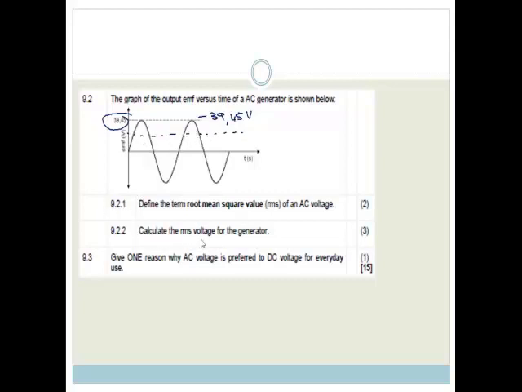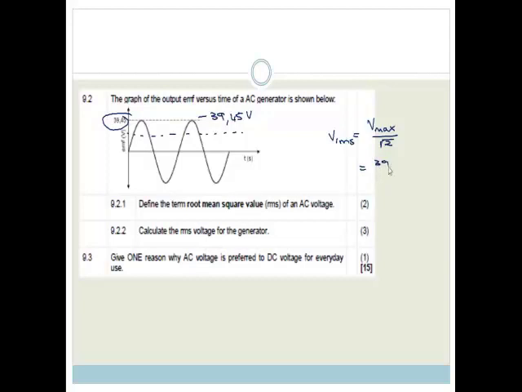Now it says calculate the root mean square voltage of the generator. Well, if you go look on your equations sheet, you will see that there's an equation that says V root mean square is equal to V max over root 2. And you can see that here we've got the value of 39.45.